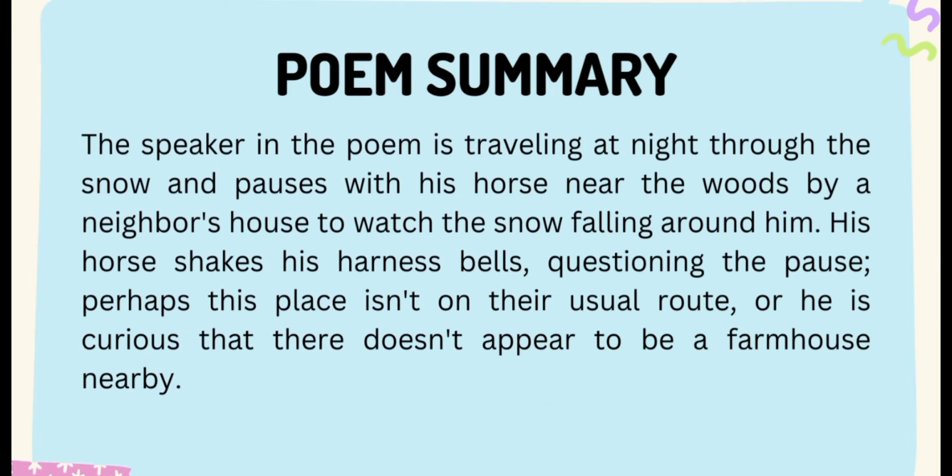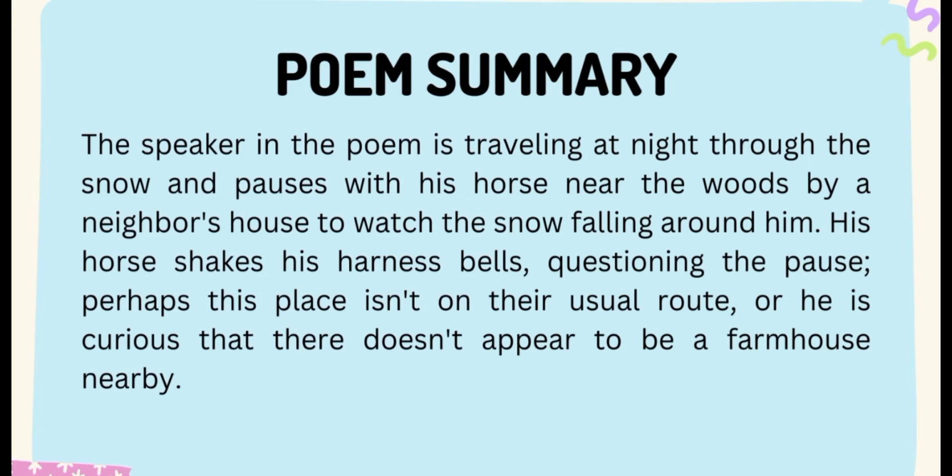I have here the summary of the poem. The speaker in the poem is traveling at night through the snow and pauses with his horse near the woods by a neighbor's house to watch the snow falling around him. His horse shakes his harness bells, questioning the pause. Perhaps this place isn't on their usual road, or he is curious that there doesn't appear to be a farmhouse nearby.